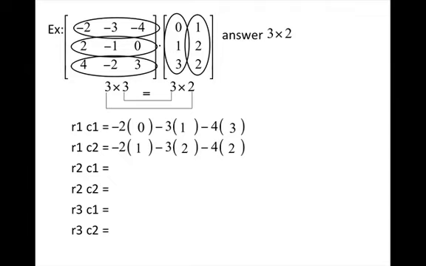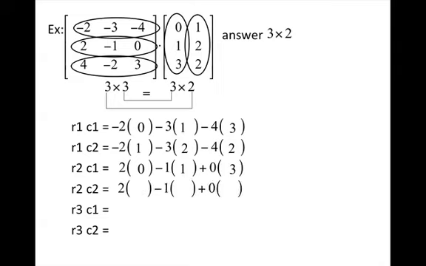Then move on to row 2. In matrix 1, row 2 is 2, -1, and 0. Well, in the parentheses, fill in column 1, which is 0, 1, and 3. Then for row 2, column 2, row 2 is 2, -1, and 0. Column 2 is 1, 2, and 2.